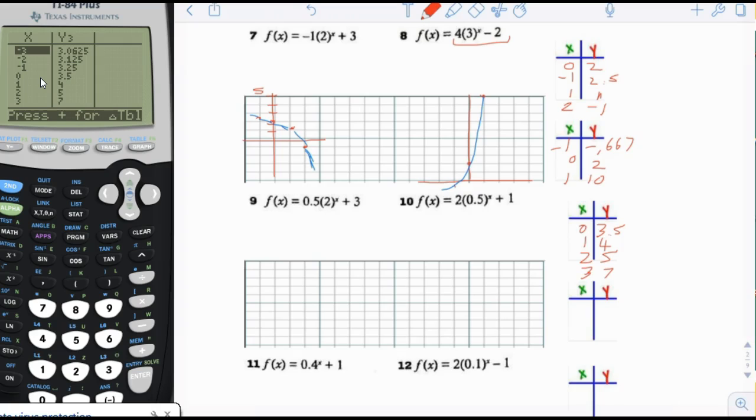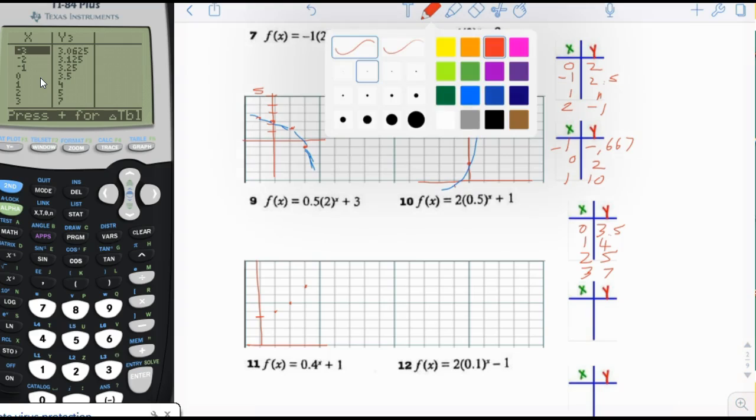Okay, and I'm going to put 0, 3.5, that's about there. 1, 4, that's about here. 2, 5, that's about here. 3, 7, it's about here. Let's graph that.